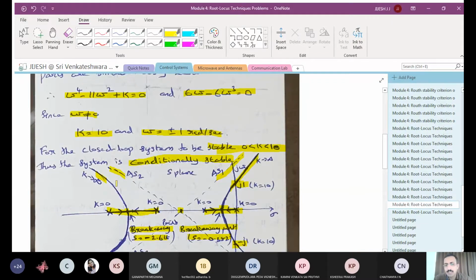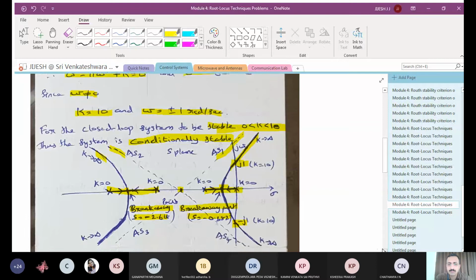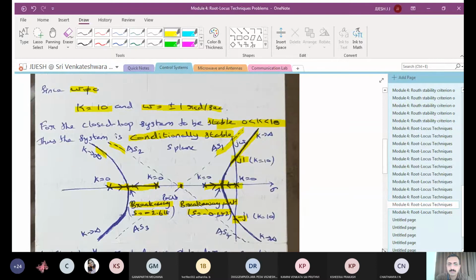So while drawing you can draw those things parallel to that. So all of you can draw this root locus. Once you complete it, we will move ahead with another problem.